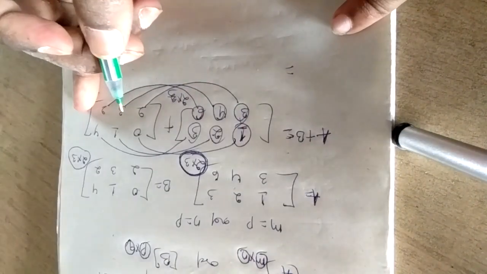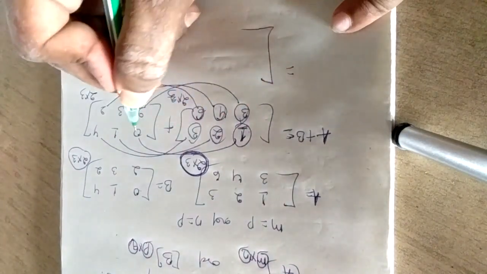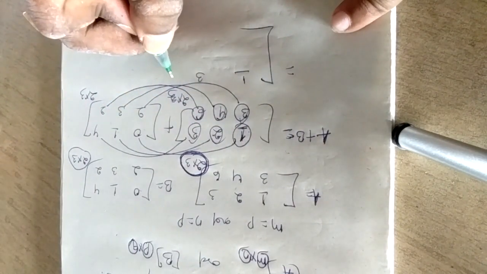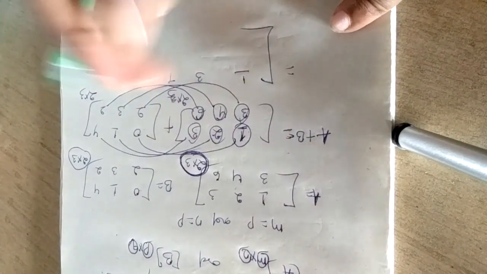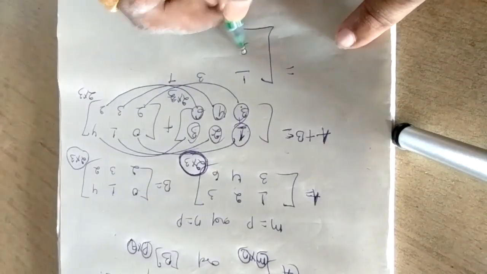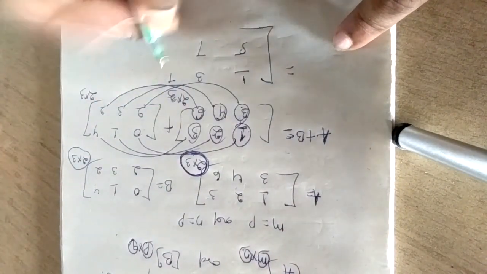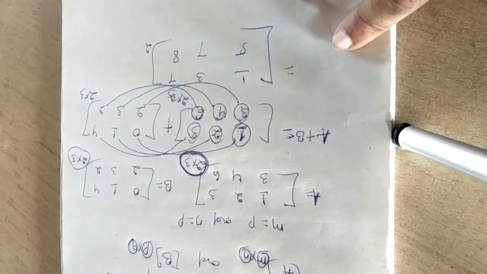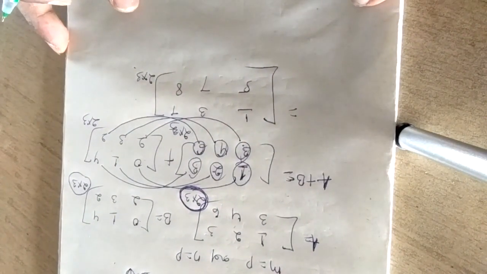That is 1 plus 0 is 1, 2 plus 1 is 3, 3 plus 4 is 7. Similarly the second row added with the second row: 3 plus 2 is 5, 4 plus 3 is 7, 6 plus 2 is 8. Also the order is 2 by 3.